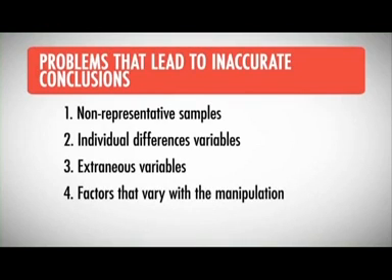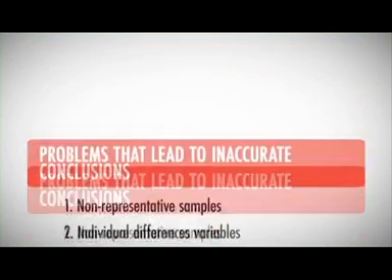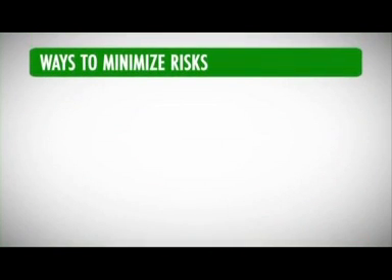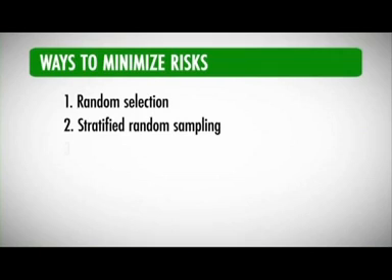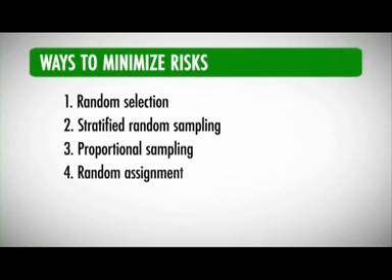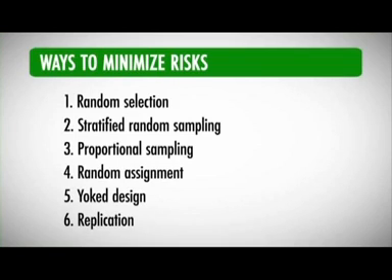While it's impossible to make our studies 100% foolproof, researchers can minimize risks by judiciously employing strategies such as random selection, stratified random sampling, proportional sampling, random assignment, yoked design, and replicating our experiments with different samples and populations.